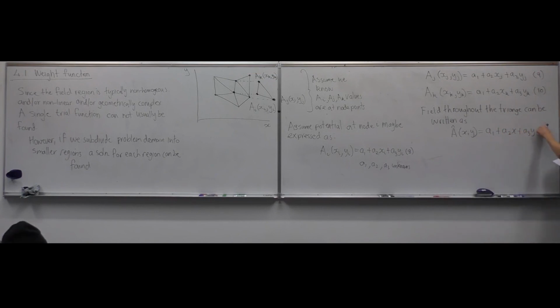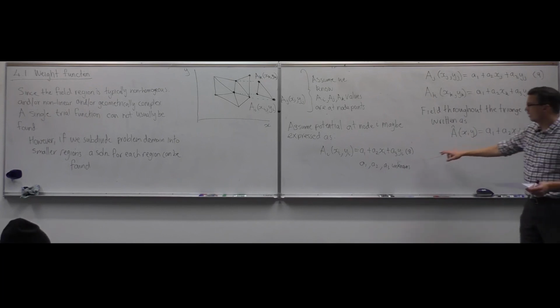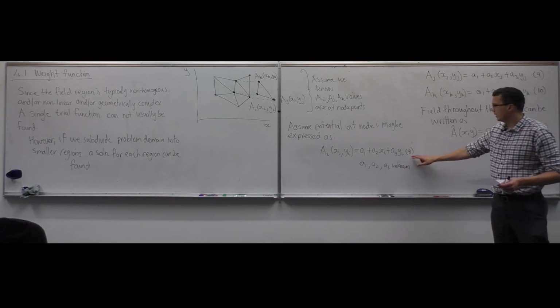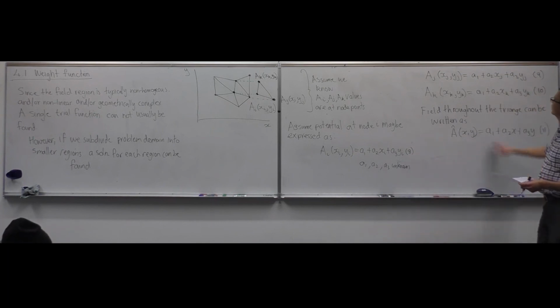And that's equation 11. So hopefully that makes more sense now. This is the trial function inside of the triangle. Okay, and then this trial function, therefore, at xi and yi would be given by 8, right? Because it has to satisfy the boundary condition, and then we also need it to satisfy the boundary condition at point j and at point k.